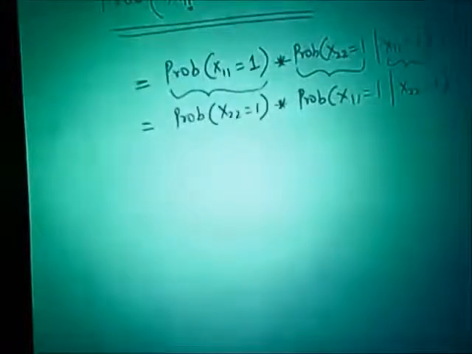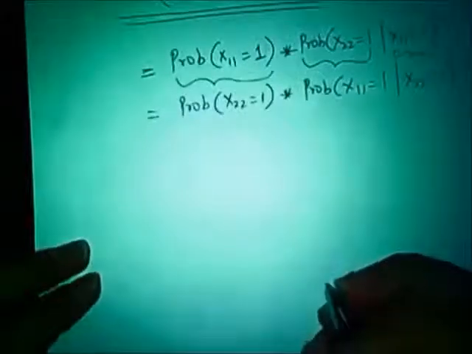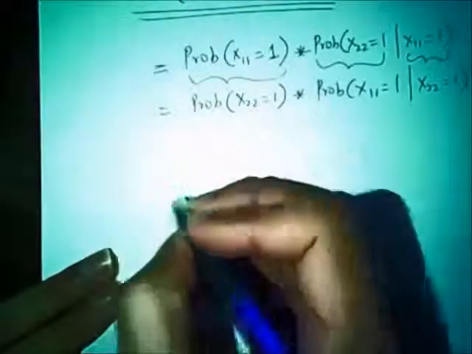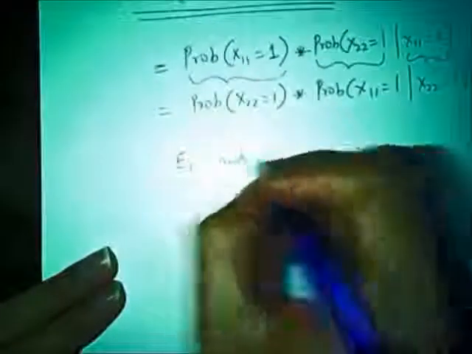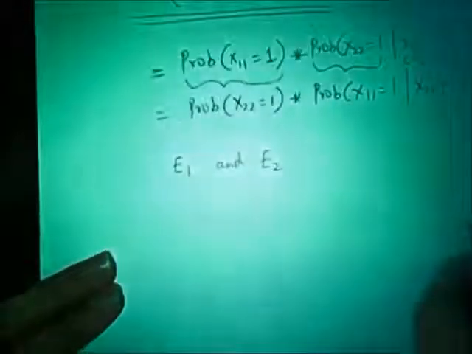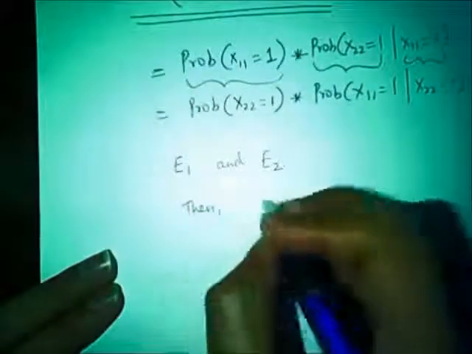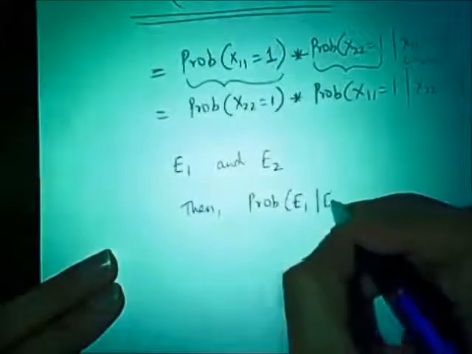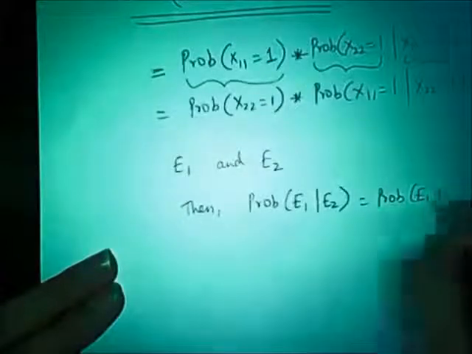So finally, one last property that we'd like to know is this. When you have two events, E1 and E2, if these two events are independent, then you have probability of E1 given E2 equals probability of E1.